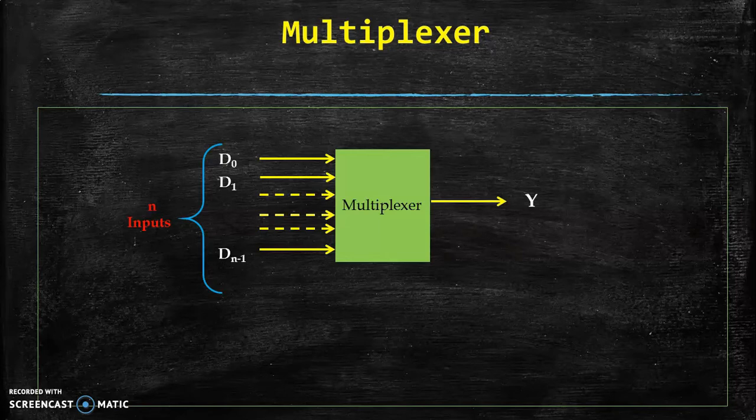As we discussed earlier, it is known as many to one. The data selection is done by the control signals S0, S1, up to Sm-1. So we have m data select lines, and based on the combination of the data select lines, any one input data is transferred to the output.